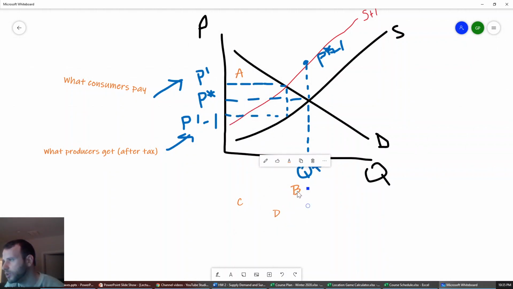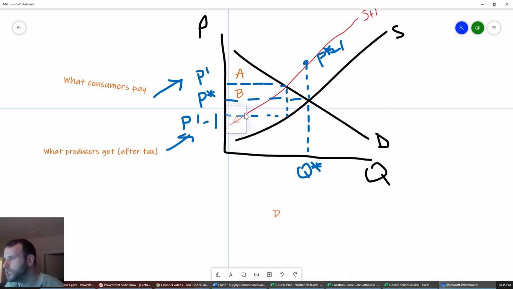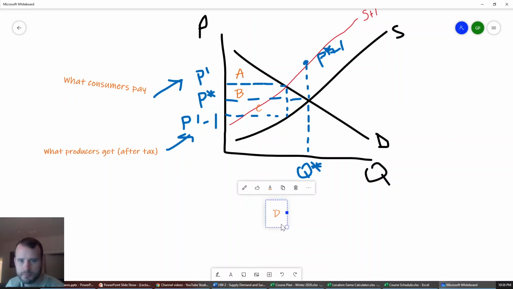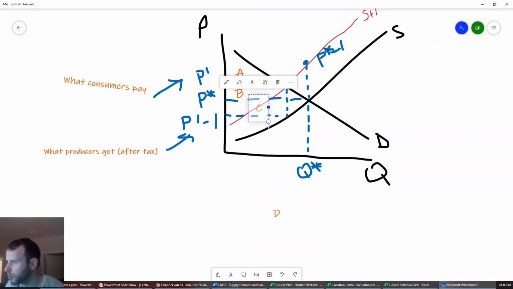A, B, C, D. I wanted to cut through so that it's clear that it's this rectangle and not this rectangle divided by this triangle. So let me make it bigger.